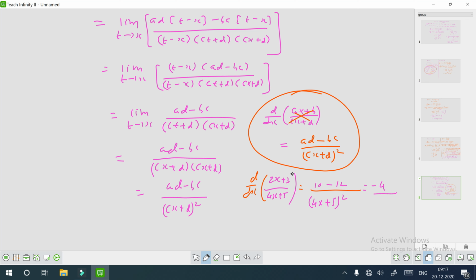That comes out minus 2 over (4x plus 5) whole square. Right?